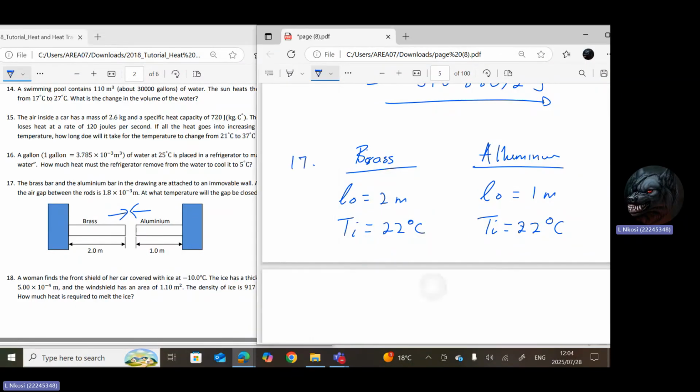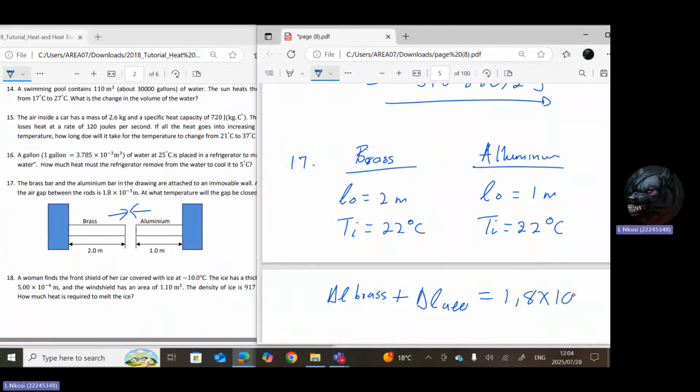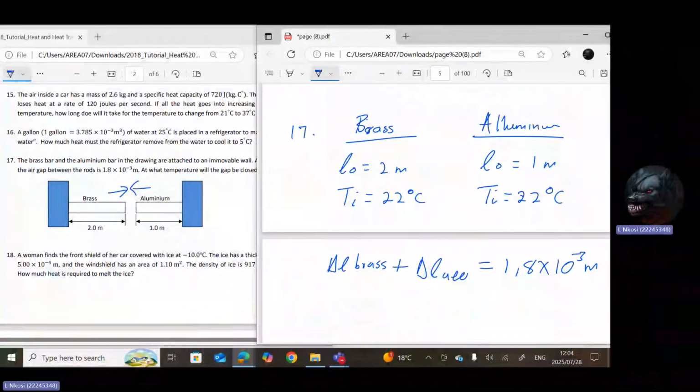So do you see that I take the change in length of the brass, which is how much the brass expands towards the right, plus the change in length of the aluminum, meaning how much the aluminum changes its length to the left. All of it will equal the size of the gap, 1.8 times 10 to the minus 3 meters.